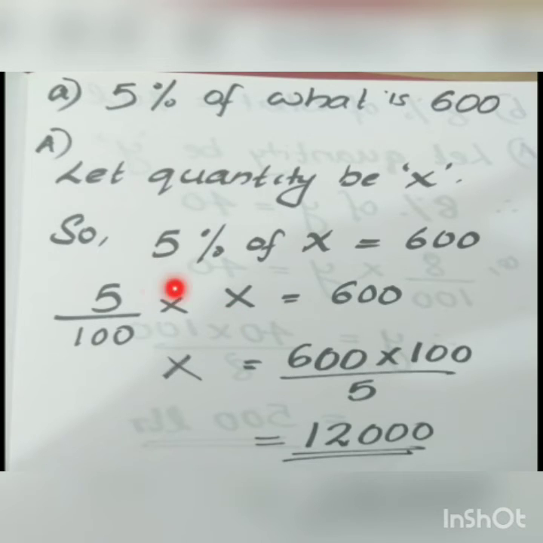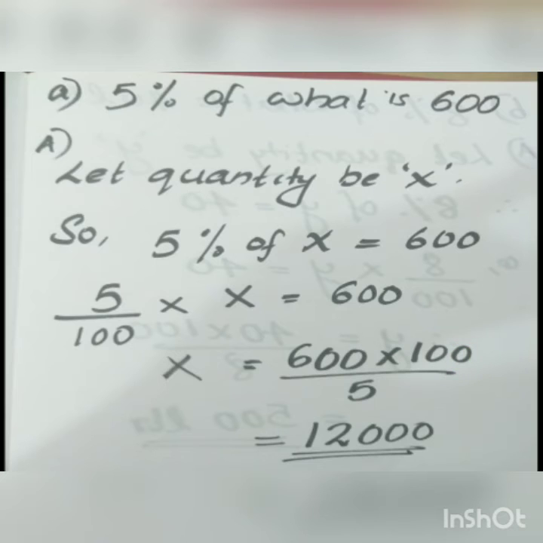So 5% expressed as a fraction: 5 by 100 into x is equal to 600. Now taking 100 across, it becomes multiplication, so 600 into 100. Then 5 taken to the other side of the equality becomes division. So the value of x is equal to 600 into 100 by 5.